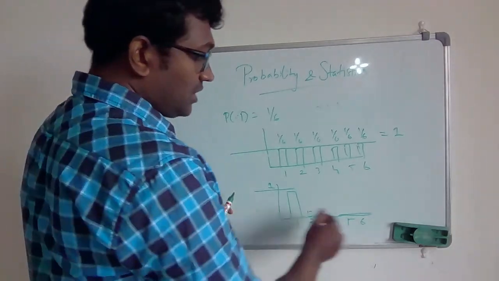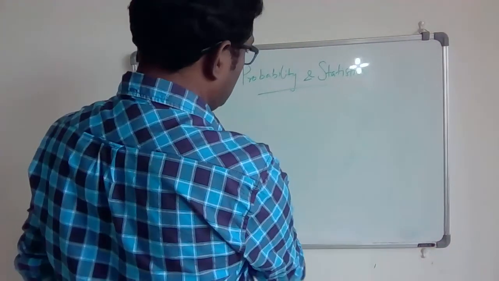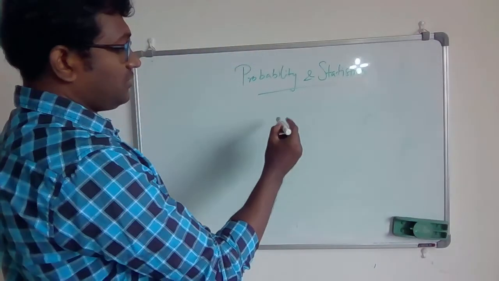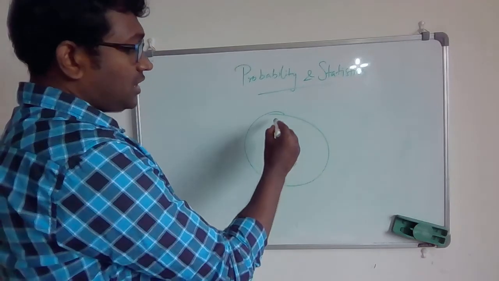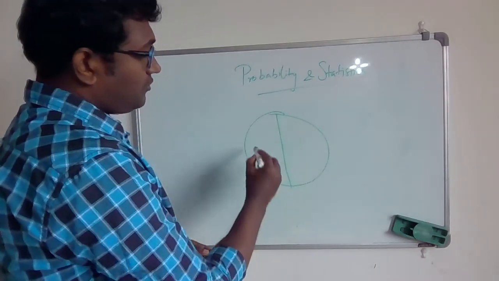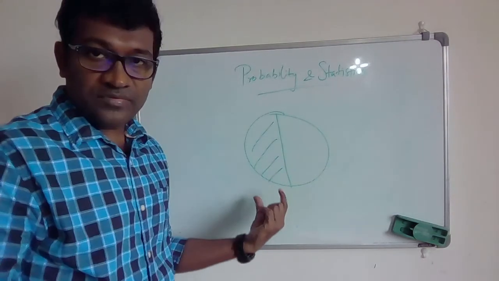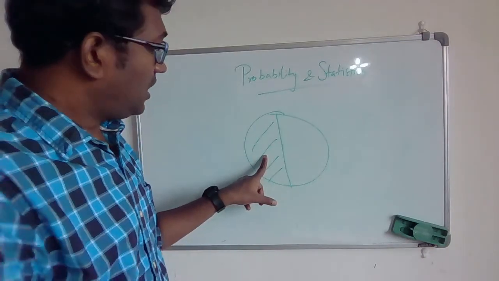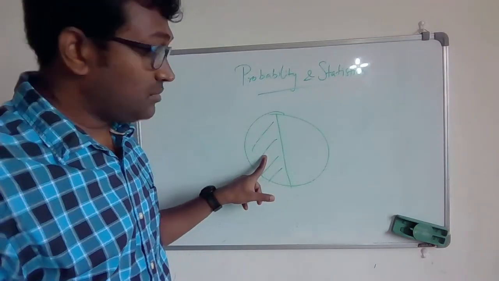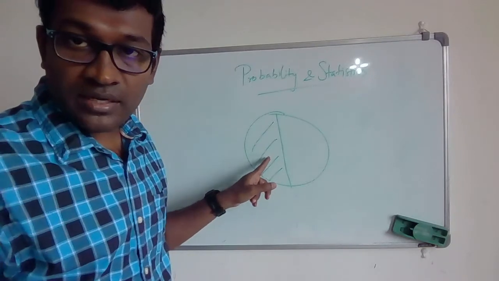Now let's take one more example. Let's assume that I have a cake like this, made up of chocolate on this side and vanilla flavor on this side. So half the cake is chocolate and half is vanilla. If I close my eyes and randomly touch it and take a piece of cake and taste it, what is the chance that it will be vanilla?